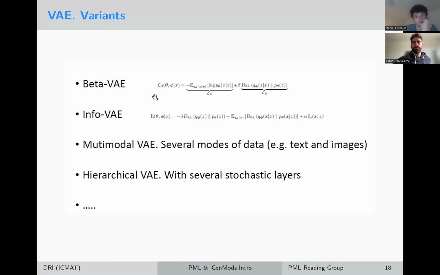Typically the idea is to reduce this beta a little bit to get less blurry images in the case of images.